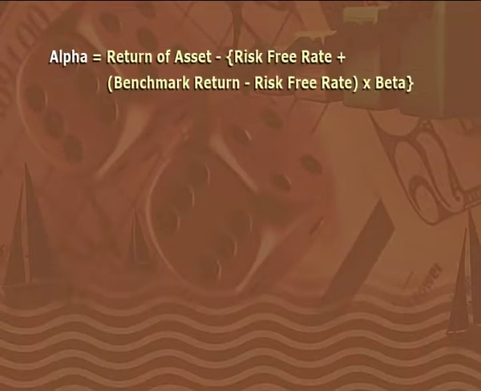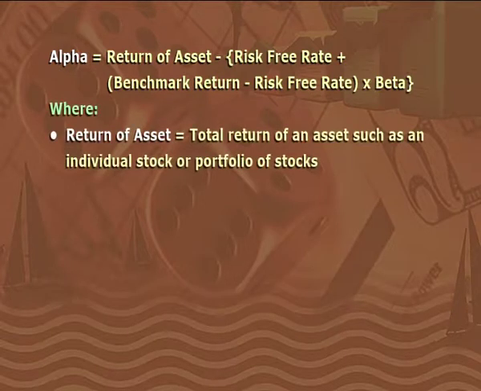Alpha is equal to return of asset minus risk-free rate plus benchmark return minus risk-free rate multiplied by beta, where return of asset is equal to total return of an asset such as an individual stock or portfolio of stocks.